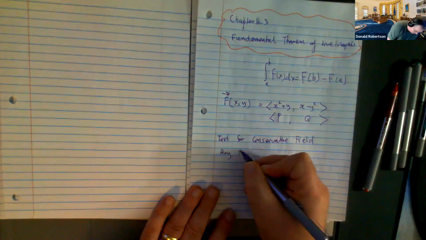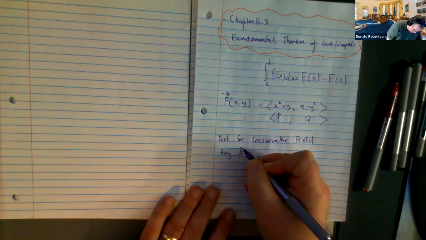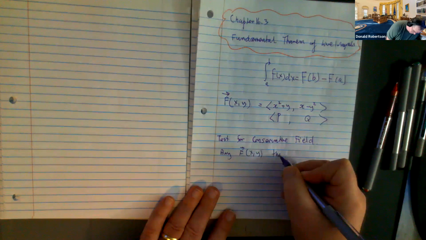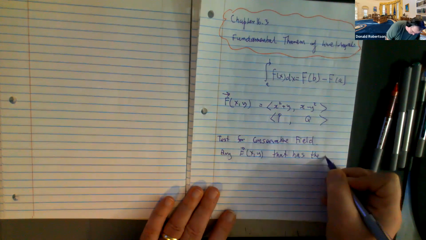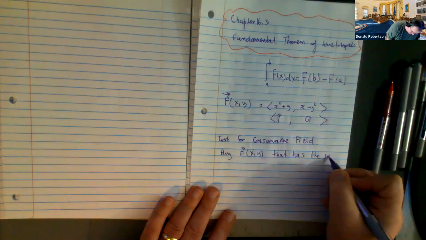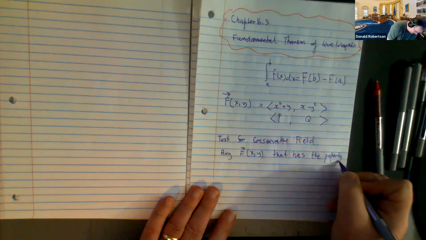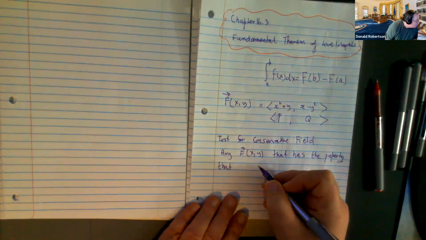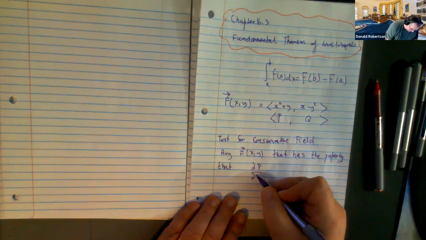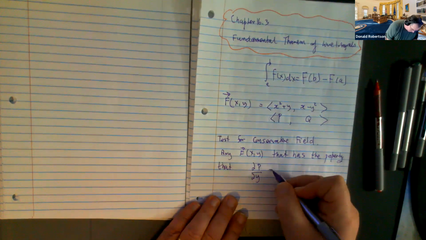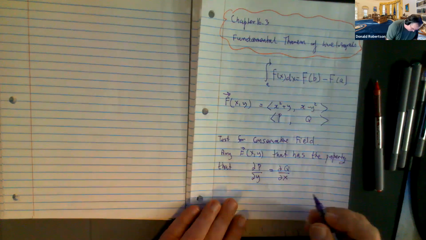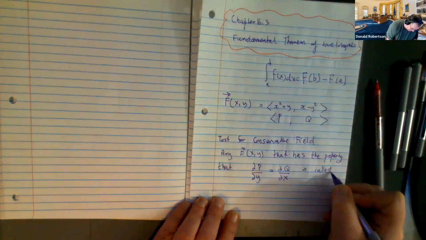Any force field, any vector field, so another name for it, that has the property that the partial derivative of P with respect to y is the same thing as the partial derivative of Q with respect to x is called a conservative field.